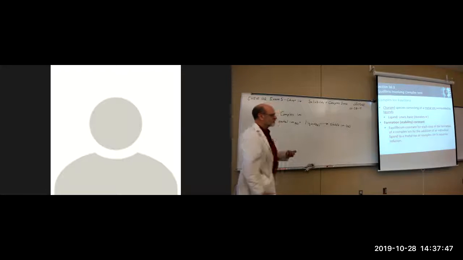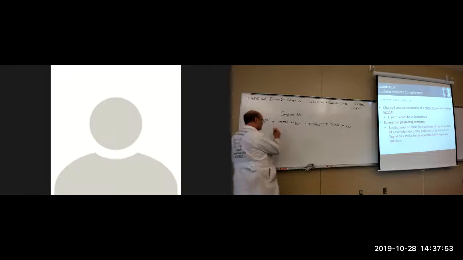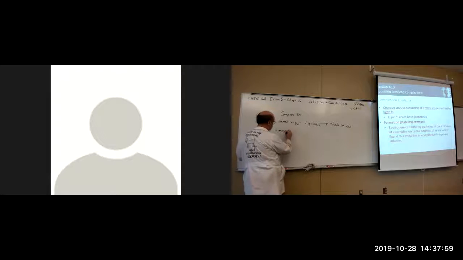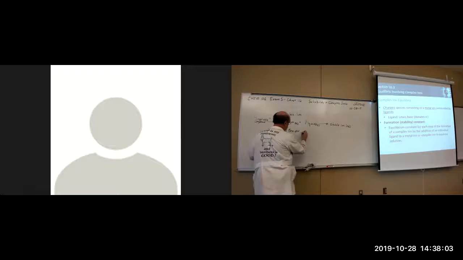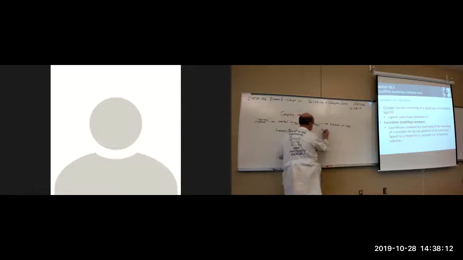Okay. So, what are the characteristics of the ligand? Well, remember we talked about acid-base chemistry and the definitions, and we had the Lowry-Bronsted. For that one, the acid is a proton donor, and the base is a proton acceptor.